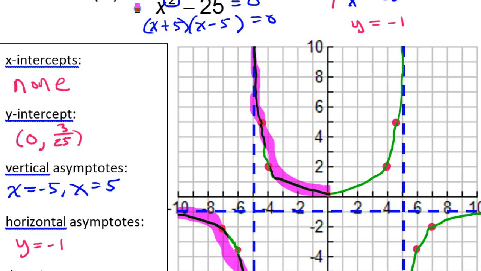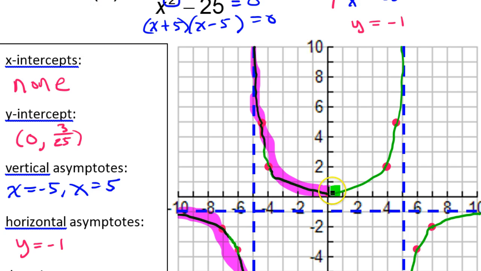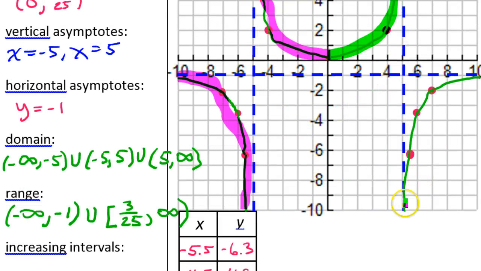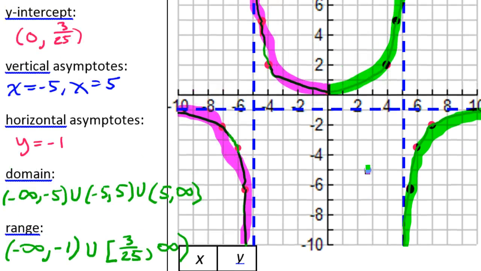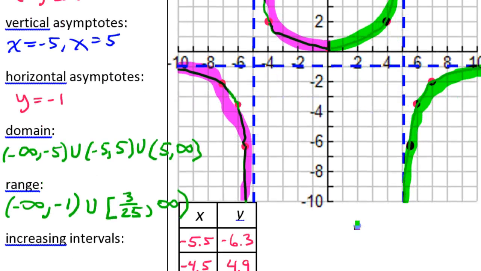All right, but then starting there, I'm going uphill. So this would be an uphill part of the graph. And then I'd have to pick up right here on the other side of the asymptote. And again, I find myself going uphill. So the two pink portions of the graph here are decreasing intervals, and the two green portions are increasing intervals.